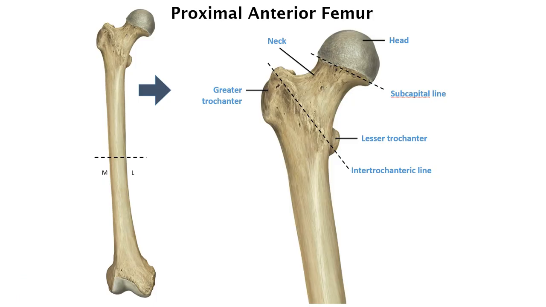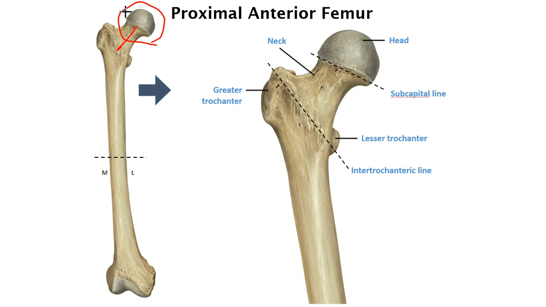So the muscles which arise from that innominate will cross the hip and insert onto the femur. Proximally, there are a few key structures. The nearly spherical head of the femur articulates with the acetabulum of the innominate. It is attached to the femoral shaft via the angled femoral neck.